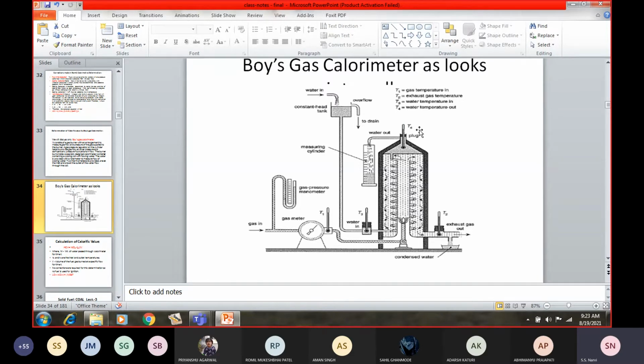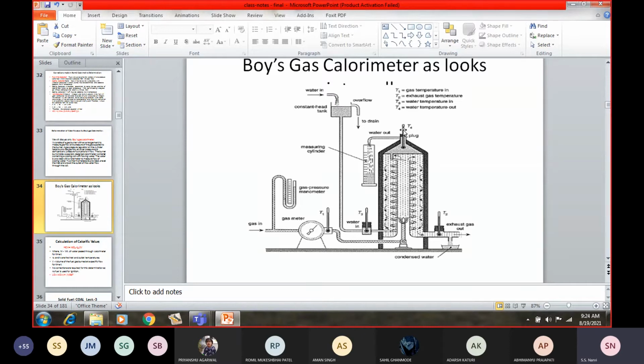Why? Because you are keeping the gas flow at a fixed level, and the flow of inlet water at a fixed level. So initially the temperature will rise from T3 through intermediate values, but finally, because we are maintaining the flow of the water and the flow of the burning gas, a constant T4 will be attained.